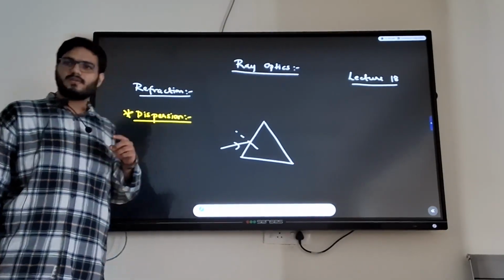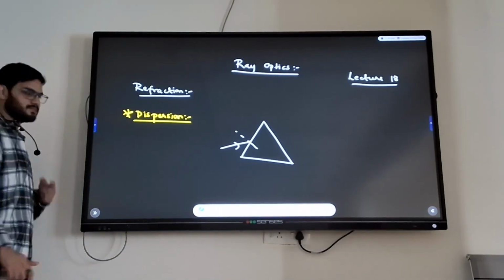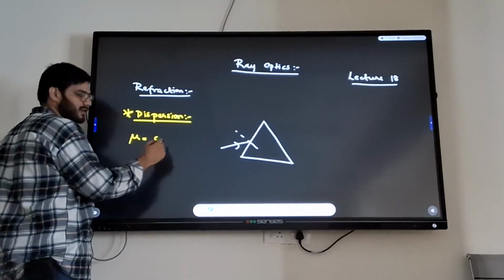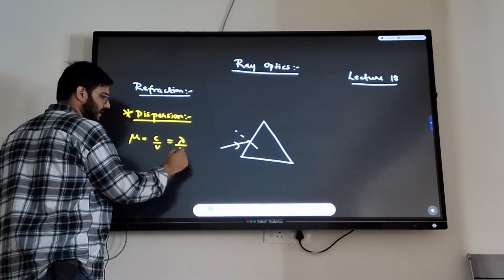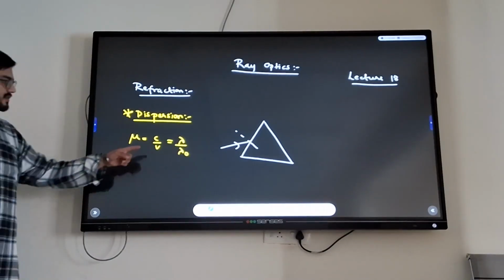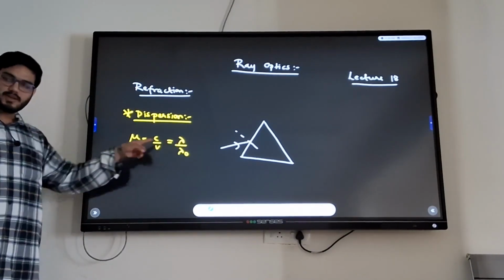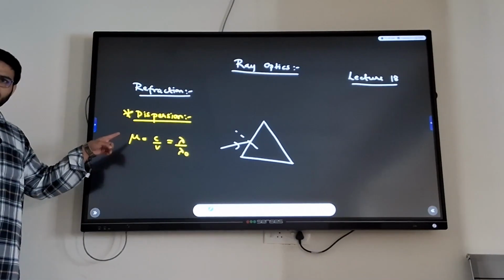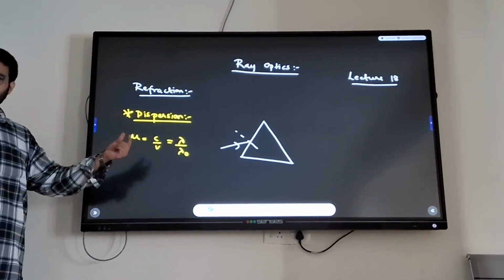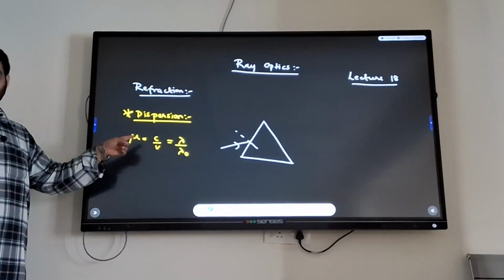If you remember, what was the definition of mu? That's c by v. And equally I used to write lambda by lambda naught. You remember this? So, given a wavelength, your mu changes. For different wavelengths, that's different colors, you will get different mu's.